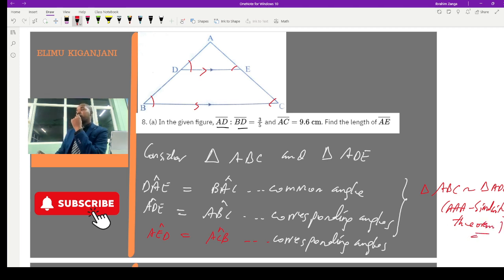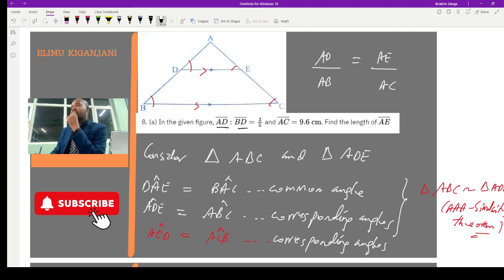So if these 2 triangles are similar, it means the ratio of their corresponding sides are going to be equal. In this case, I'll be considering that AD over AB will be equal to AE over AC.